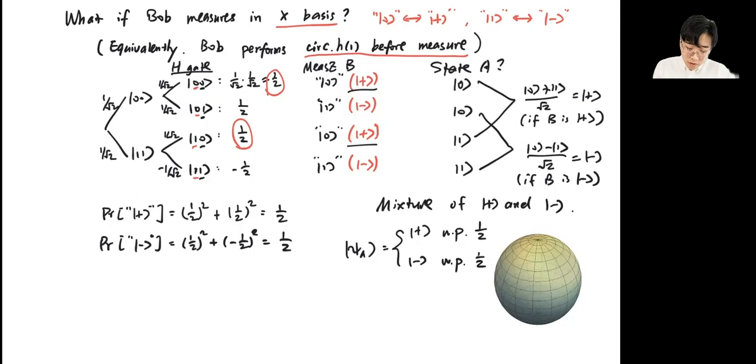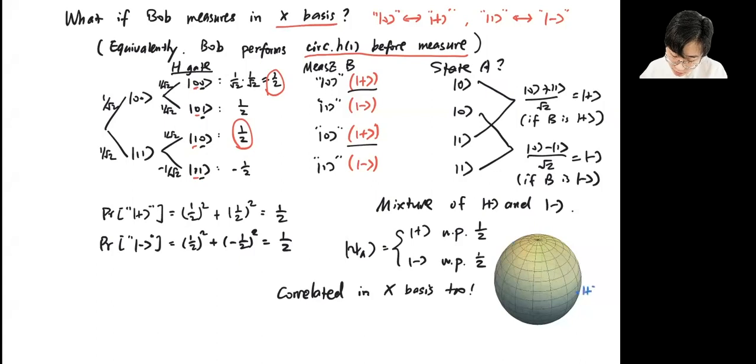So the measurement outcomes of Alice and Bob are correlated this time in the x basis as well. Now on the Bloch sphere, we know the state of Alice's qubit is a mixture of the quantum state plus here and minus here, each with probability 1/2.